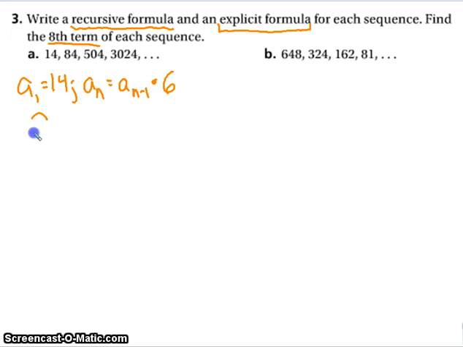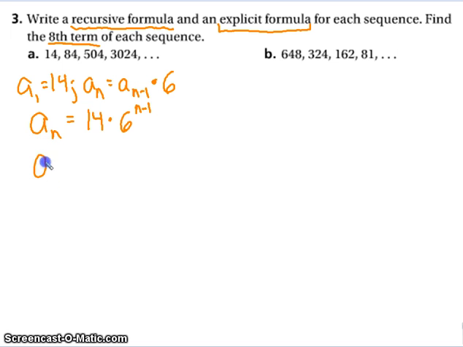Now, the explicit formula: a sub n is equal to the first term, which is 14, multiplied by the common ratio to the power of n minus 1.